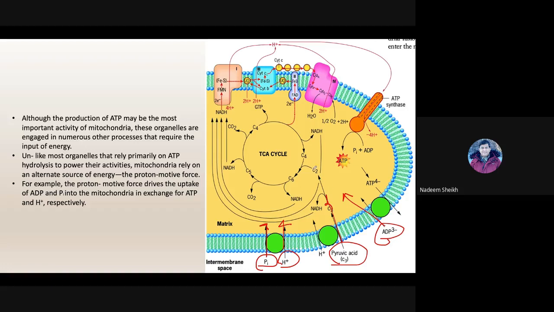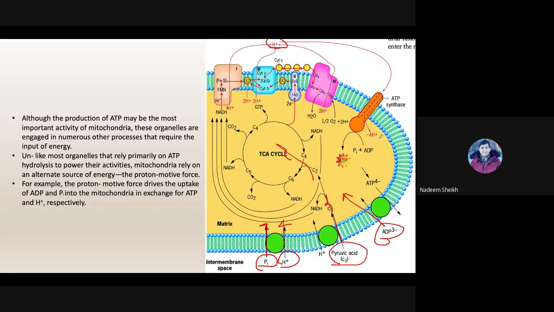And then everything is going to take its role, like this pyruvate is entering into Krebs cycle. This inorganic phosphate or protons, they are going to come, a proton is going to come and interact with the electron transport chain. Proton, they are moving towards the peripheral space.